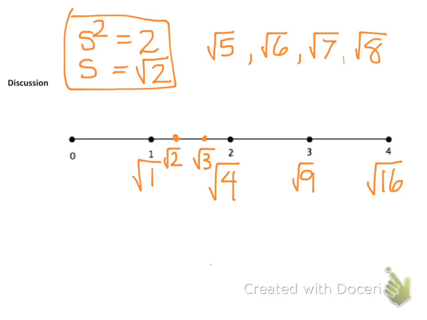Okay, so square root of 5 would have to be a number that is bigger than the square root of 4, which is right here. Square root of 4 is right here. So square root of 5 would have to be bigger than that. The square root of 6 would have to be bigger than the square root of 5, and then 7 and 8 would have to be in here somewhere.